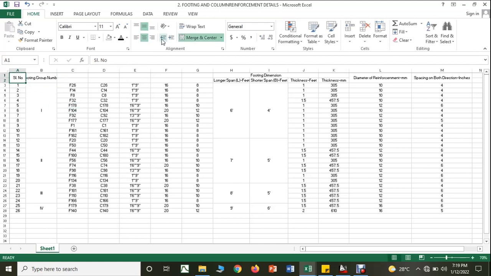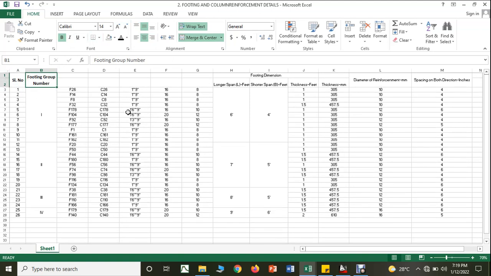Footing group number. Okay, footing group number. Then I can give footing number.